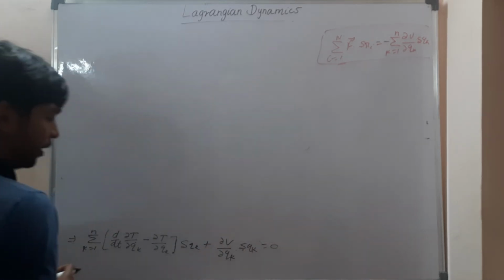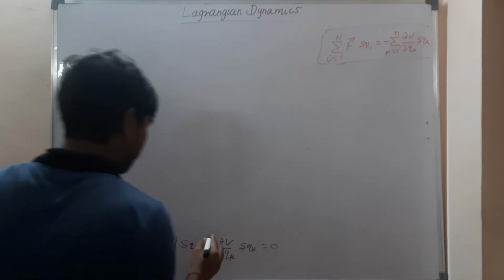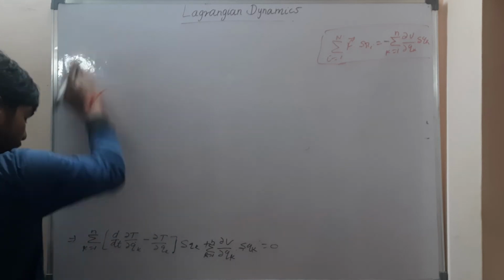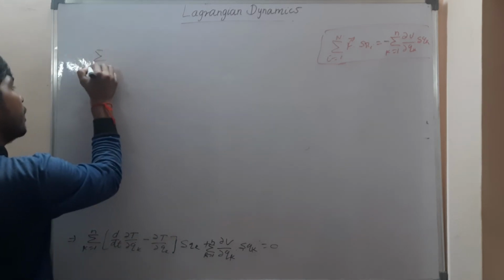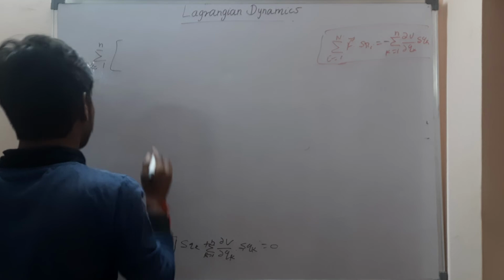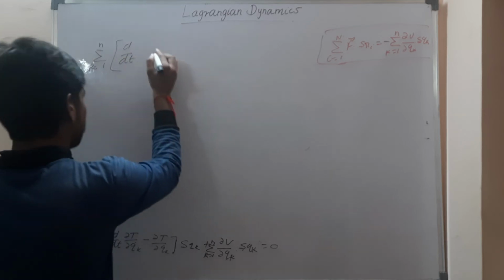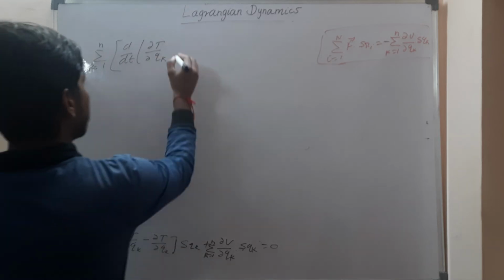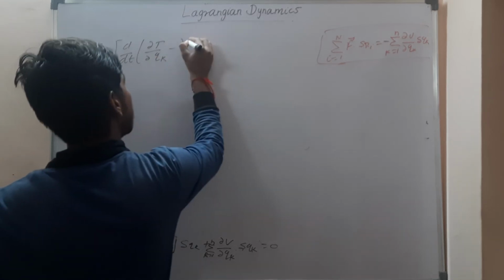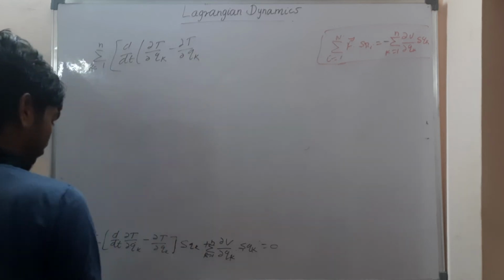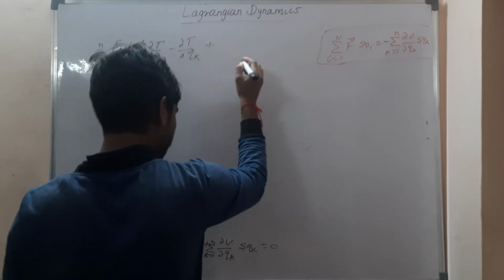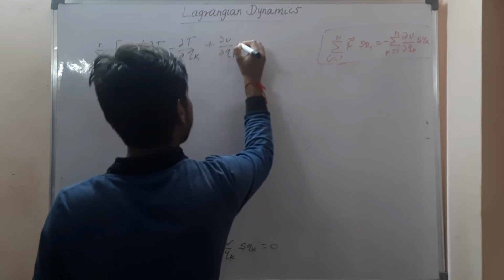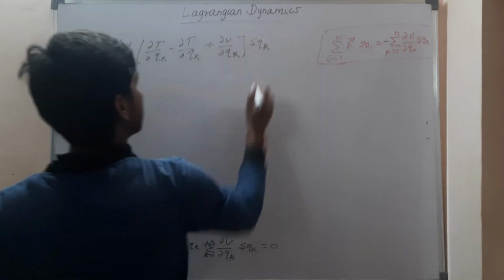So del qk, let me take it common, and it will be equal to sum over k is equal to 1 to n. It will be common, and it will be d by dt of dou T by dou qk dot minus dou T by dou qk plus dou V by dou qk, times del qk.